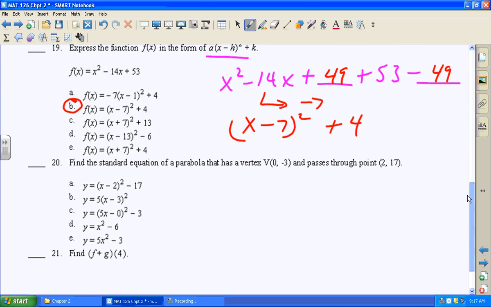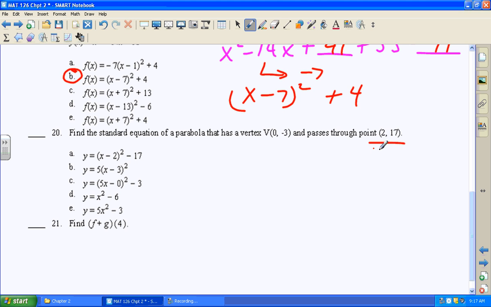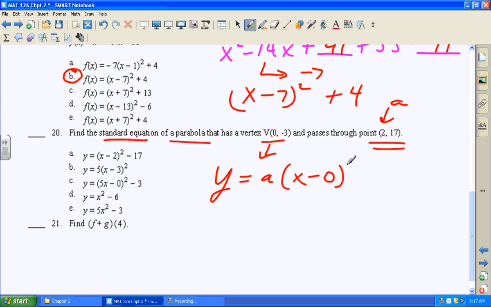Do you remember what the point was for when I asked you to find the standard equation of a parabola? The vertex is easy. What's the point for? Yeah, helps you to find a. You use the vertex to get the first part of it. y equals a times (x minus 0) squared minus 3.